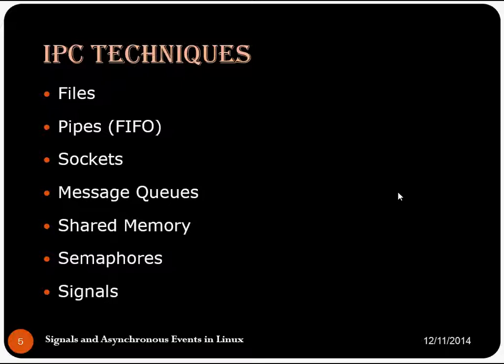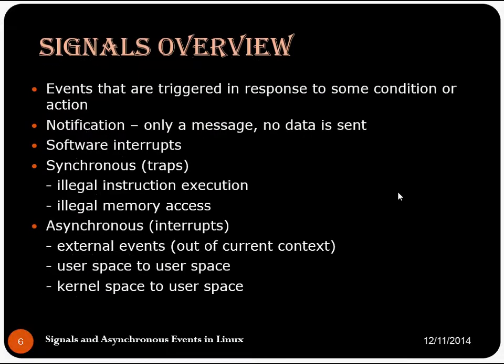They can also be used to communicate between processes on the same host machine using the local loopback interface. Message queues and shared memory are used for communication between processes running on the same host, semaphores are used for synchronization, and signals are used for communication using asynchronous events.